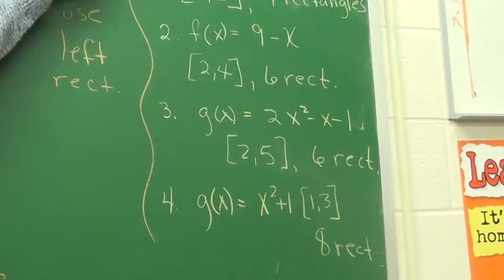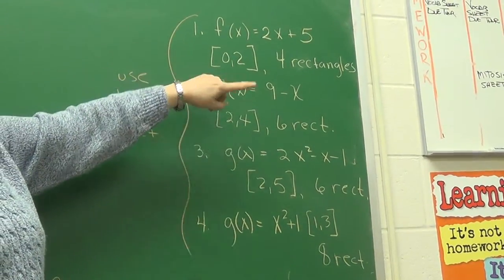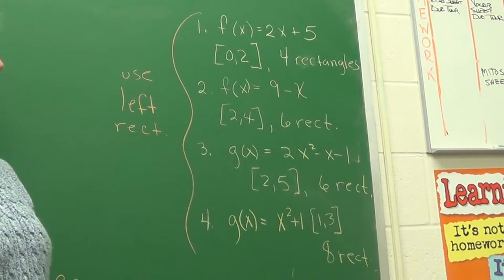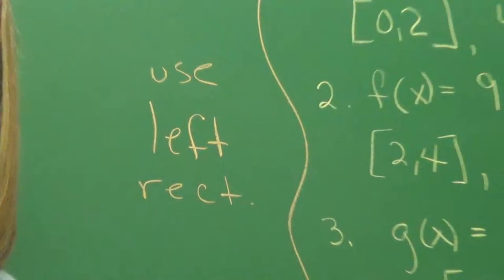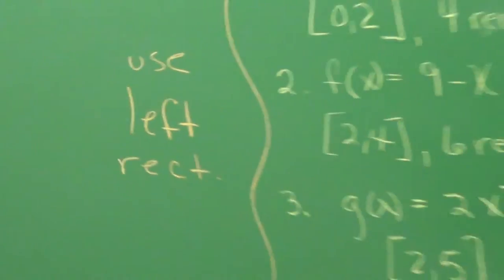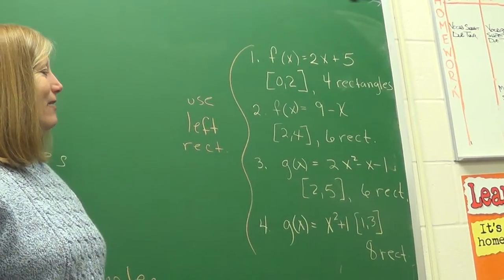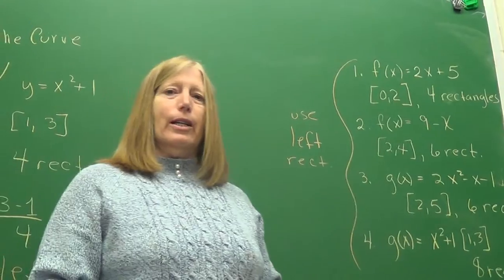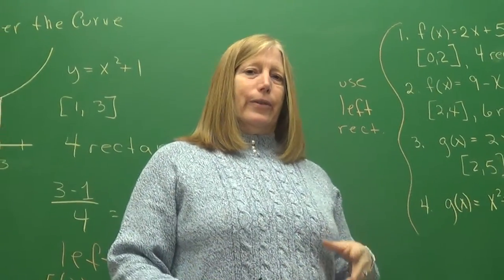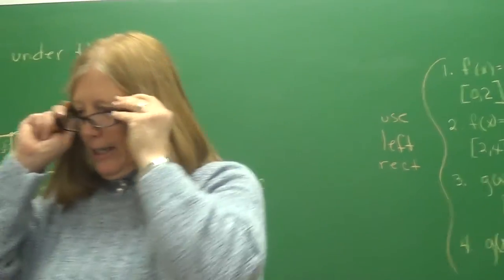I'm giving you a function, an interval, and how many rectangles to use for your approximation, and use left rectangles. We'll take it from there next week and do more with this. This is building towards something that's going to be meaningful. I'm going to give you the answer to number 1 so that you can know if you're on the right track.